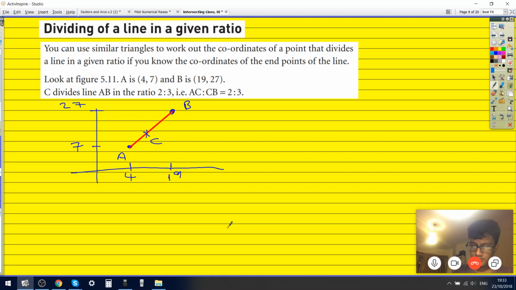Would we add the two coordinate sets and then multiply that by 2 over 5? 2/5 is the right idea.